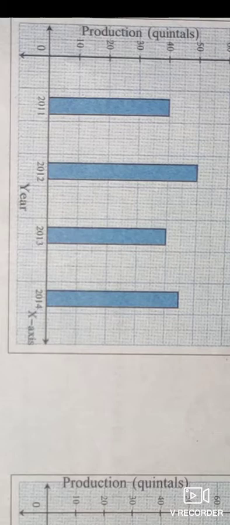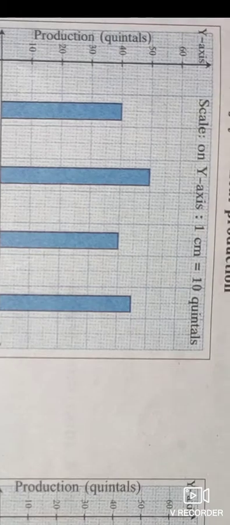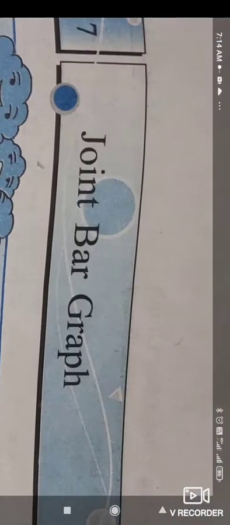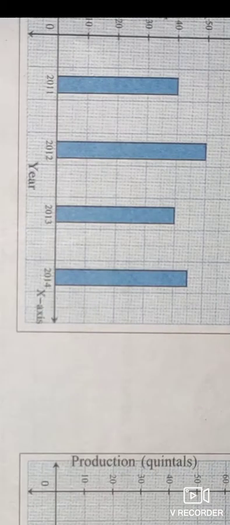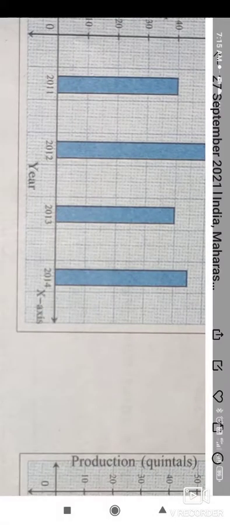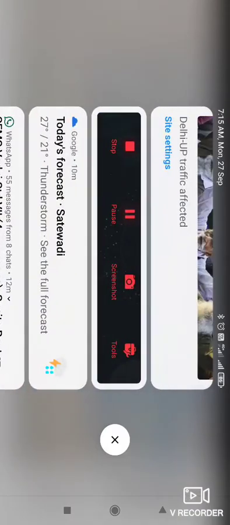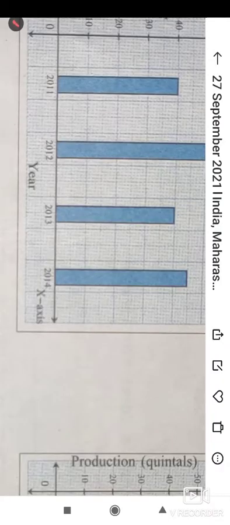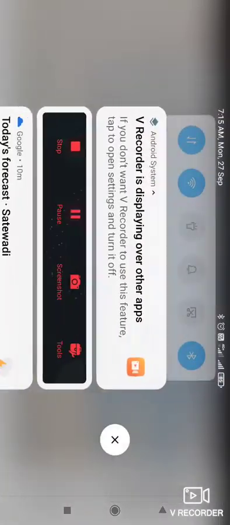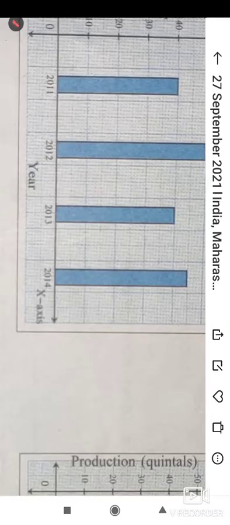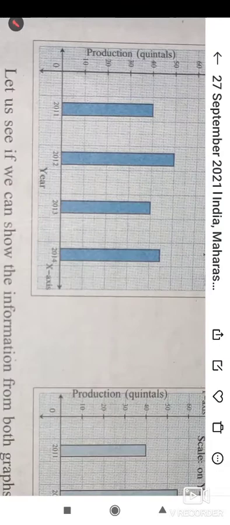And then he produced 45 quintals in 2014. So this is the production of Ajay in 2011 to 2014. Ajay's production is given here.